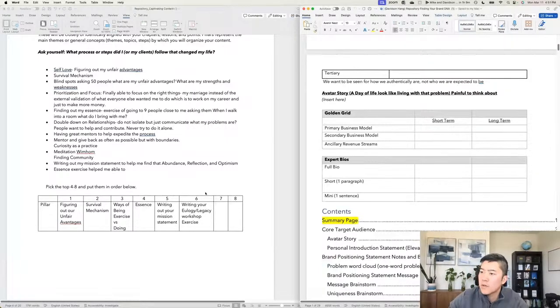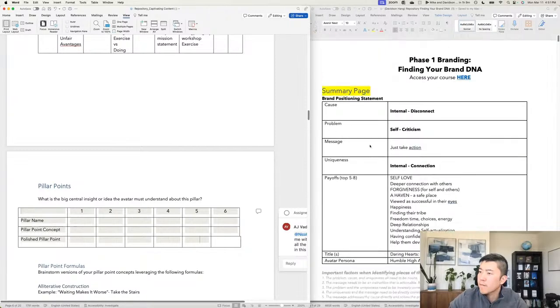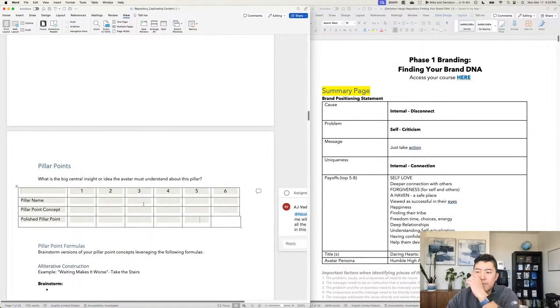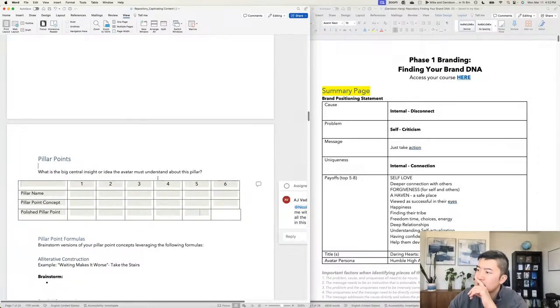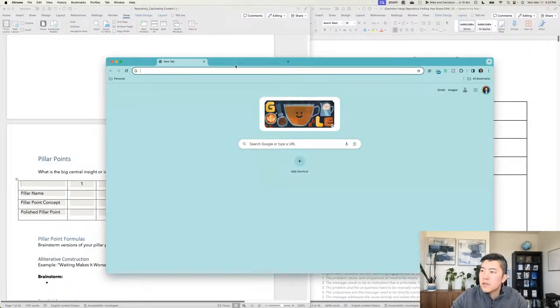Short term. What is the big central insight that you must have about this pillar? So pillar 1. Let me use some ChatGPT to help with this.